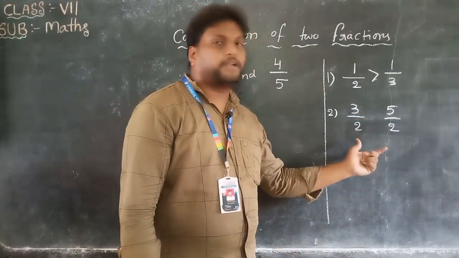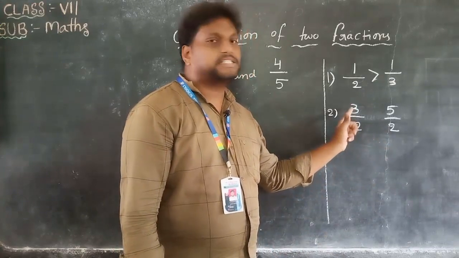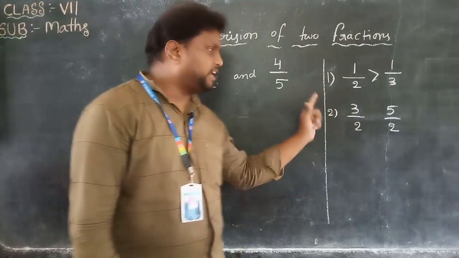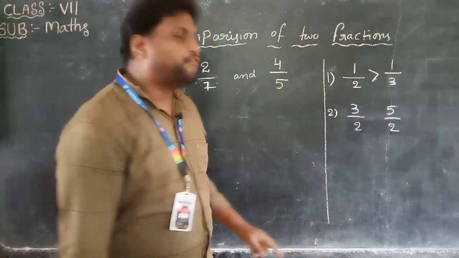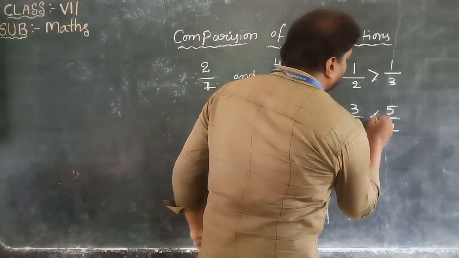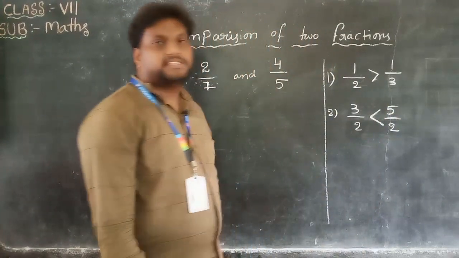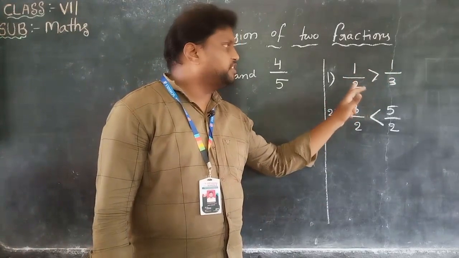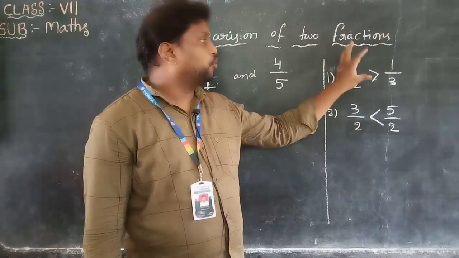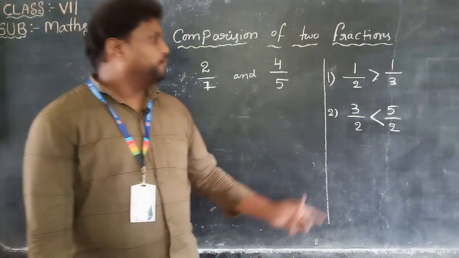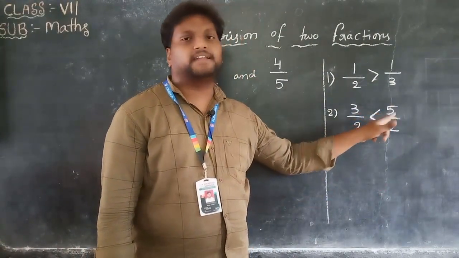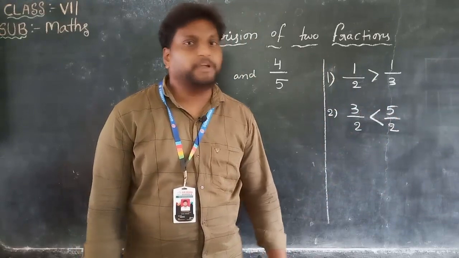Here the members are 2 only, but chocolates are 3 here and 5 there. So 5 is more. Observe, when numerators are equal, the fraction with the smaller denominator is greater. When denominators are equal, the fraction with the larger numerator is greater. Don't be confused.